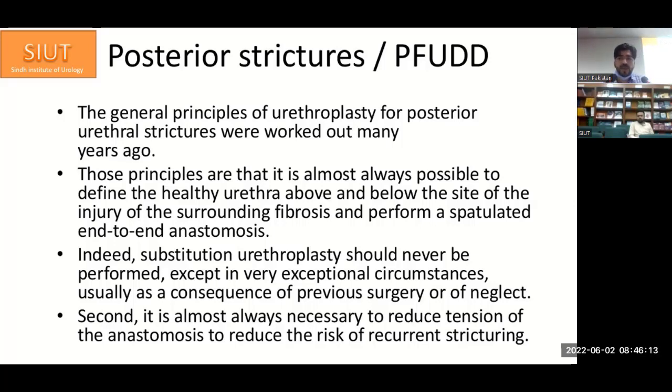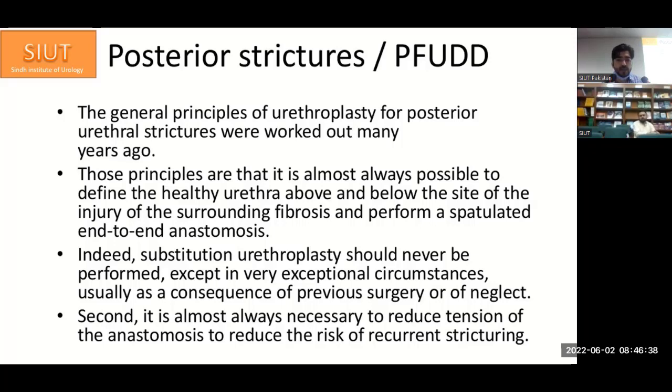Posterior urethral stricture, PFUDD. The general principles of urethroplasty for the posterior urethral strictures were worked out many years ago. Those principles are that it is almost always possible to define healthy urethra above and below the site of the injury and surrounding fibrosis, and perform a spatulated end-to-end anastomosis.